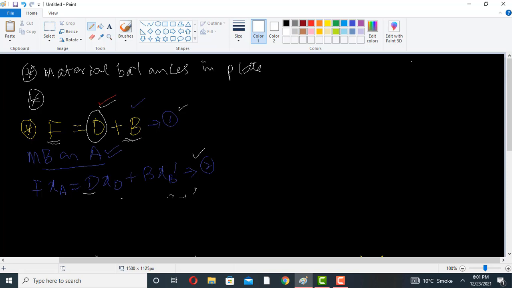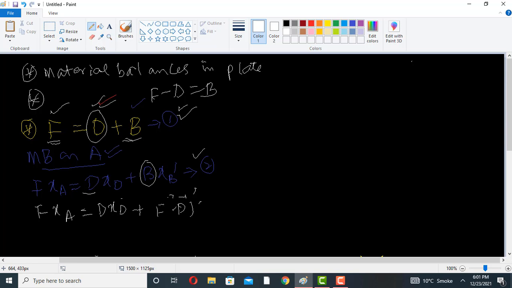In order to find the feed to distillate ratio, this equation can be written as F xA is equal to D xD plus B xB dash. Now we will remove this B. In place of B we will write F minus D, because F minus D is equal to B from equation 1. So F minus D into xB dash.